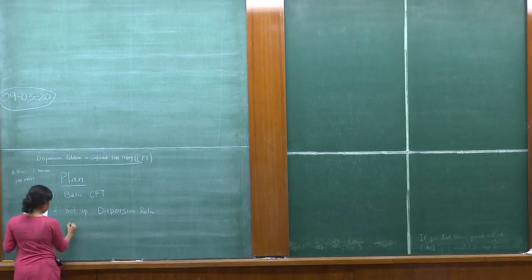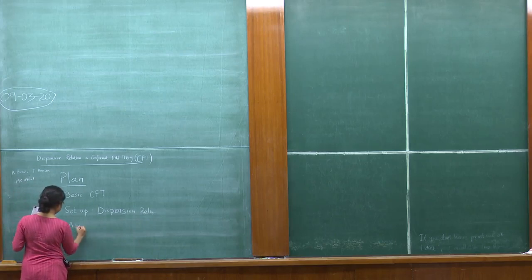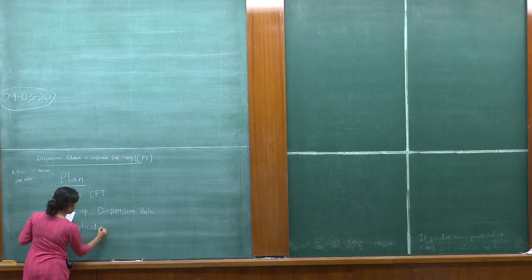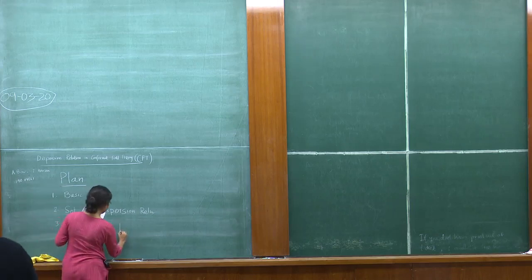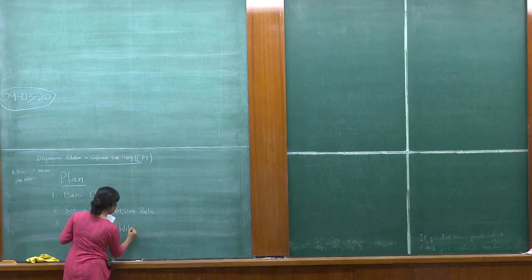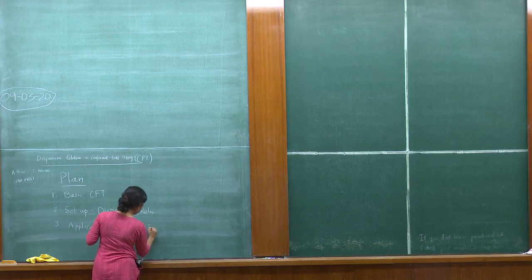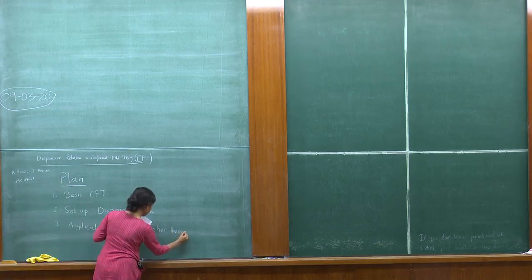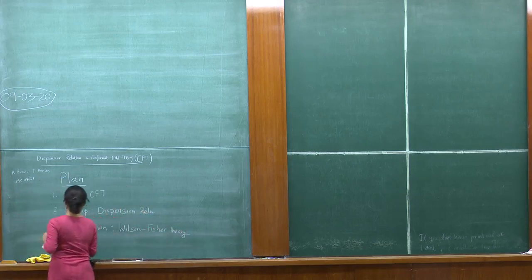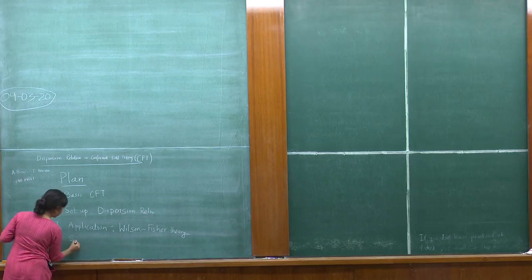Next, I will discuss one of its applications, which is how to use this dispersion relation to construct correlator in Wilson-Fisher theory in 4 minus epsilon dimensions. And then I will summarize.